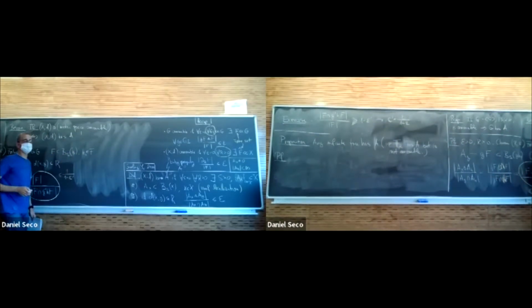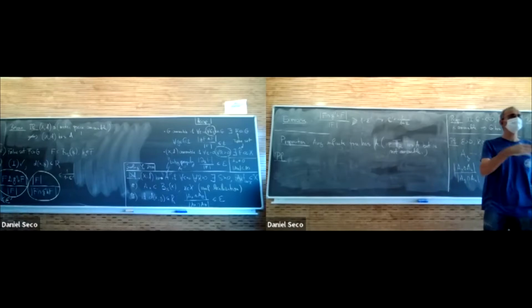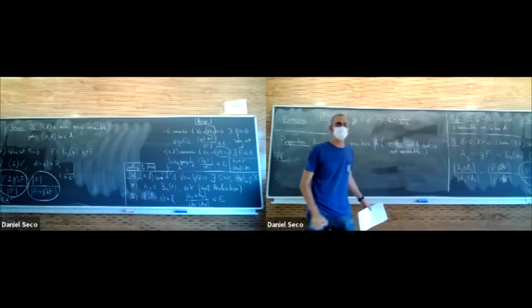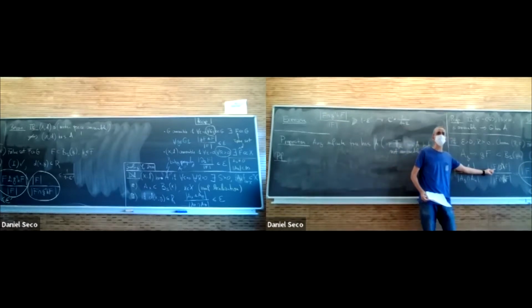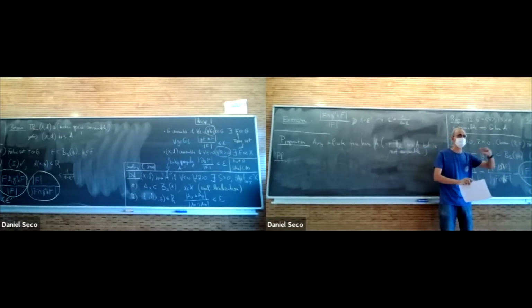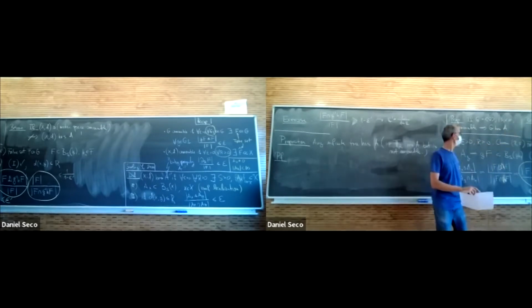I cannot give you the counterexample because it uses box spaces, it's a complicated one. But anyway, you can see it from the proof. You need to move. You need to have some kind of action. Yeah, that's what is missing in a general metric space.